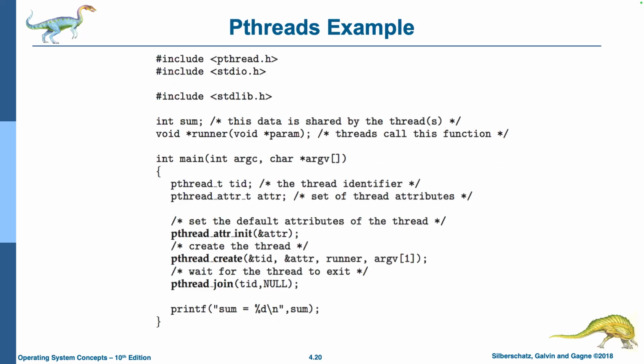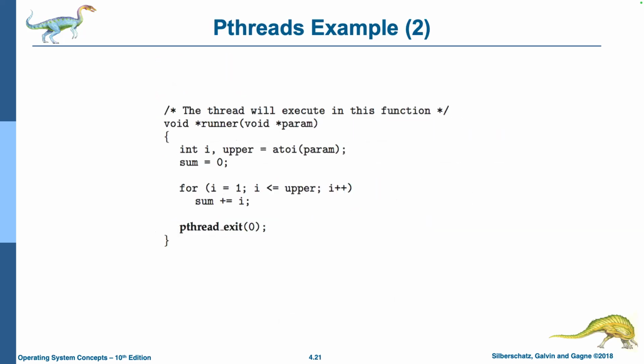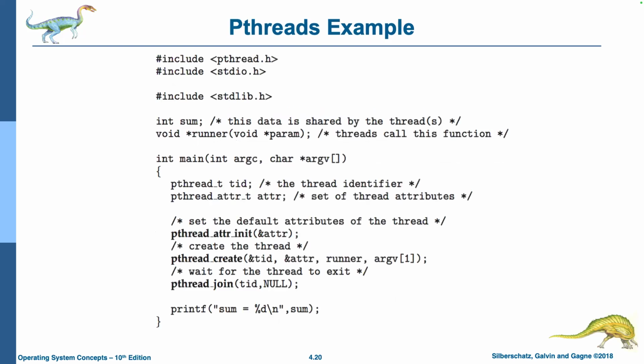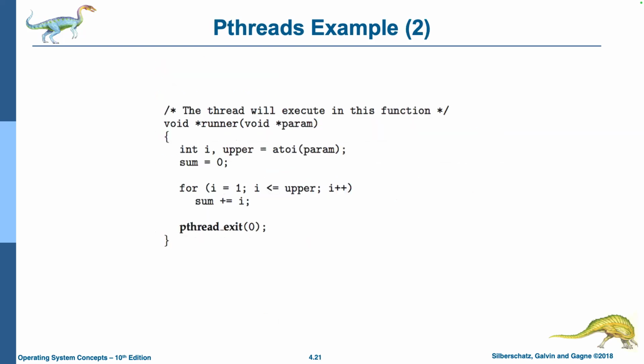Okay, let's go on. This is a pthread example. Like I said, this example is a little easier than the code. So here I create a thread, and pthread_join waits for the thread to exit.